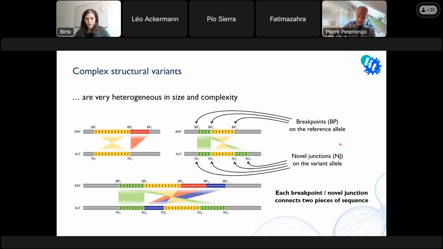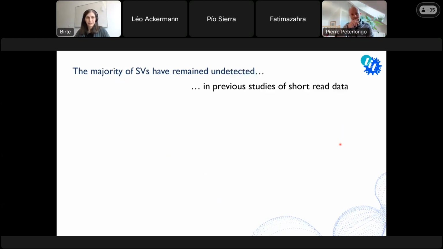Yeah, as Pierre also said, we're using short read sequencing data for studying complex structure variants, even though a lot speaks for using long read data, especially the fact that the majority of SVs has remained undetected in previous studies using short read data.